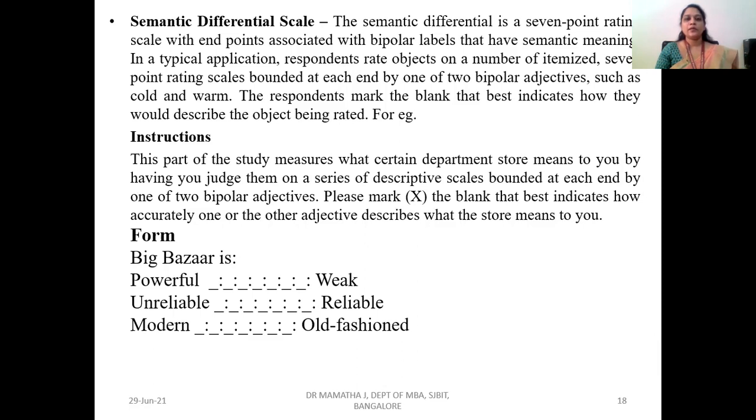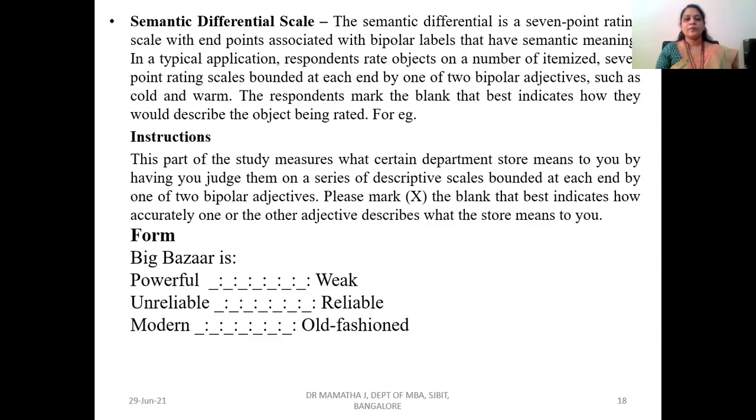In the sense, it will have only 2 options, 2 extreme ends that have semantic meaning. Okay, 2 extreme meanings. In a typical application, respondents rate objects on a number of itemized 7-point scales bounded at each end by one of two bipolar adjectives such as cold and the opposite of it as warm. So respondents mark the blank that best indicates how they would describe the object being rated.